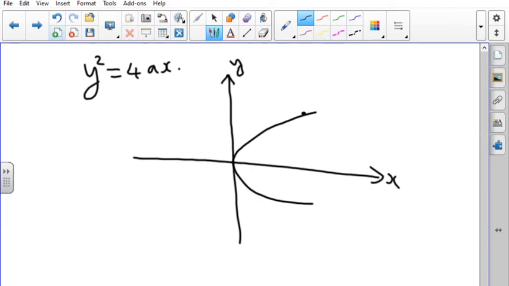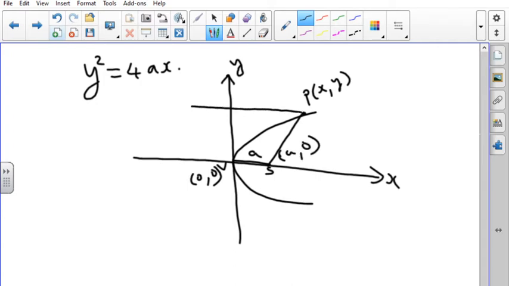P (x, y) is the moving point, and S is the fixed point. V (0, 0) is the vertex, and this distance is a. Therefore, this point is (a, 0), and this is the perpendicular distance.